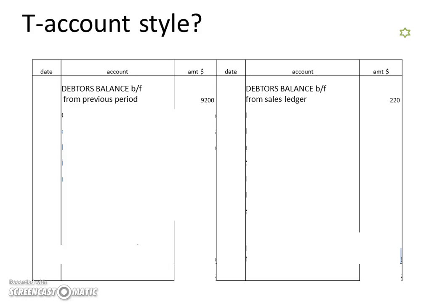Nevertheless, on the debit side, we're going to put all the items that increase that $9,200.